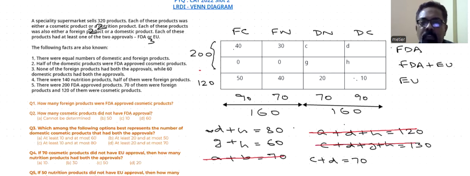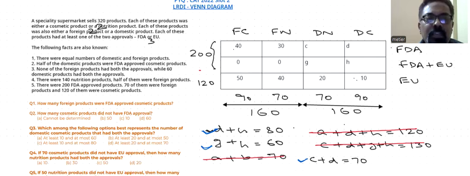So finally, we have three equations with us. What are those three equations? One is D plus H, another is G plus H, then C plus D. These three equations are there and we have a few unknown values till now. At this moment, my suggestion is don't panic.